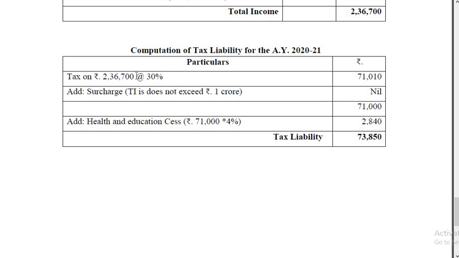In the case of foreign companies, it is 2% if it crosses 1 crore, and it is 5% if it crosses 10 crores. Here, surcharge is not applicable, therefore I have written it, but there is no value against that. The total remains the same, 71,000. Tax plus surcharge, 71,000. On that, you have to calculate health and education cess.